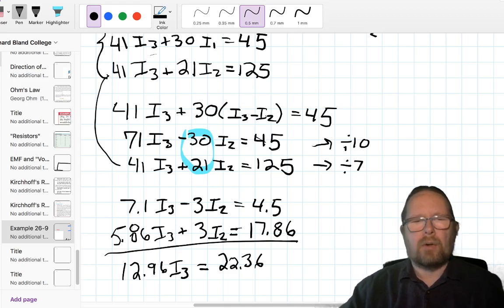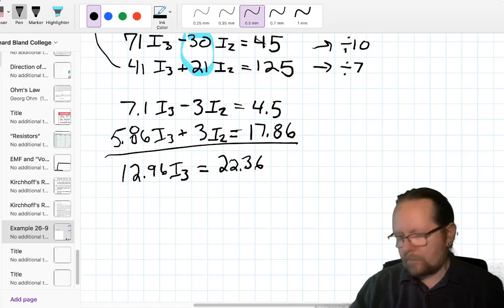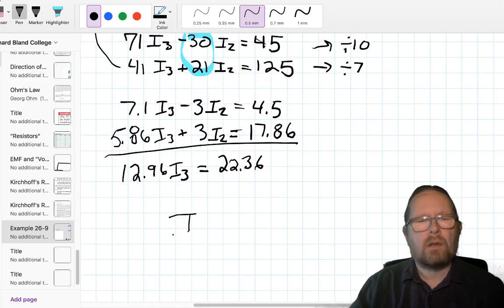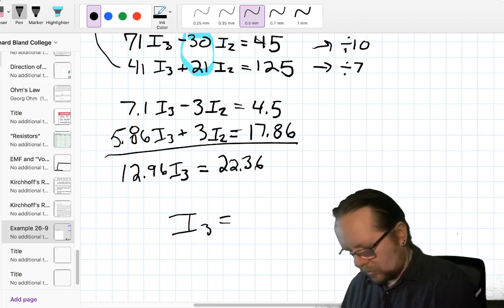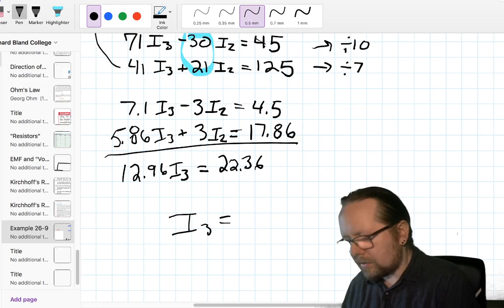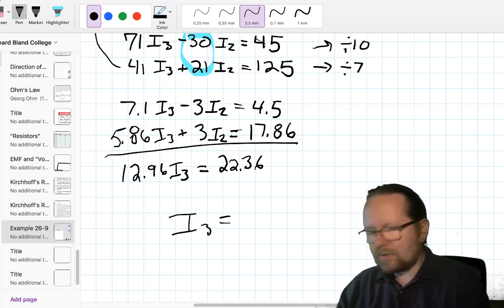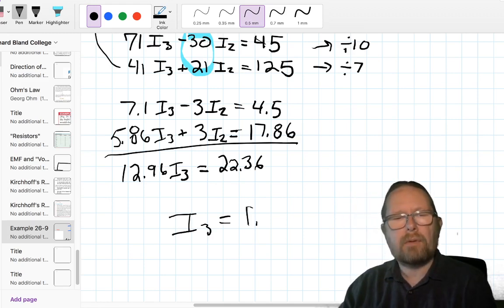Which means that our current I3 is 22.36 divided by 12.96, which is 1.725 amps.